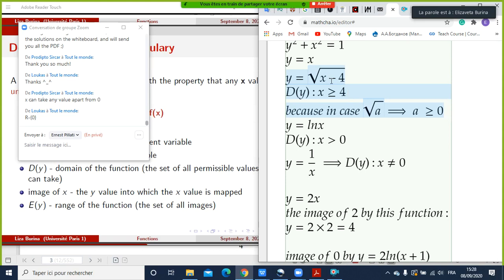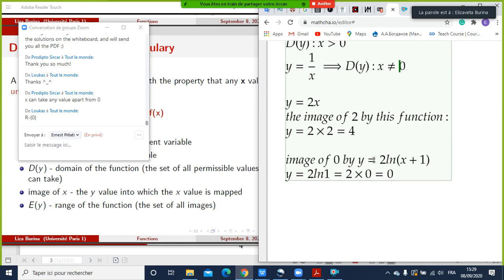If you know about complex numbers, you understand that it's actually also not a big deal, but for our framework of functions, we say that if it is a square root, the domain is non-negative. That's how it is. Great, so for the logarithm, it has to be positive. For the fraction, it has to be non-zero.